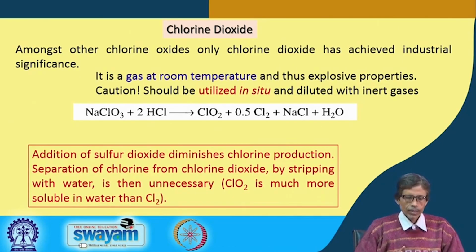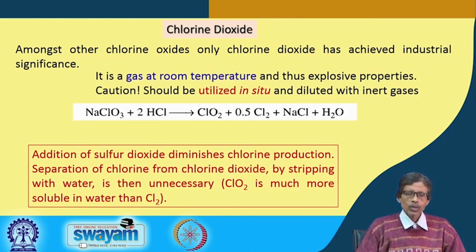So, that entrapment or stripping by use of water is unnecessary, because ClO2 is much more soluble in water than Cl2. If we use water, the ClO2 will go with that water.